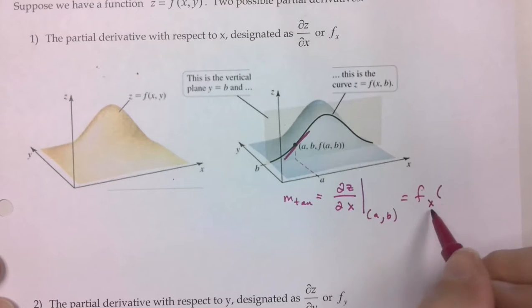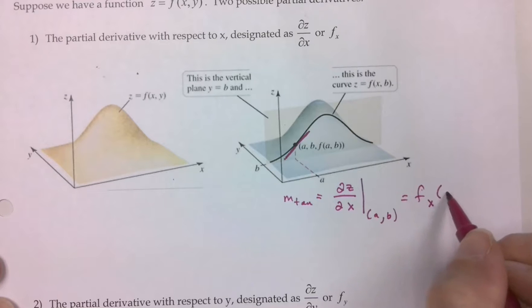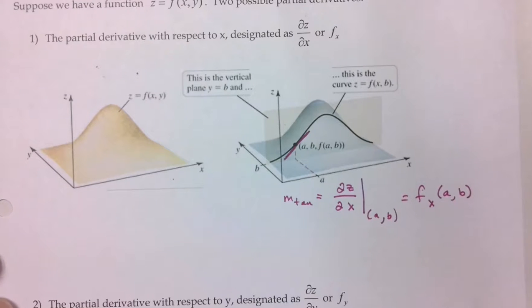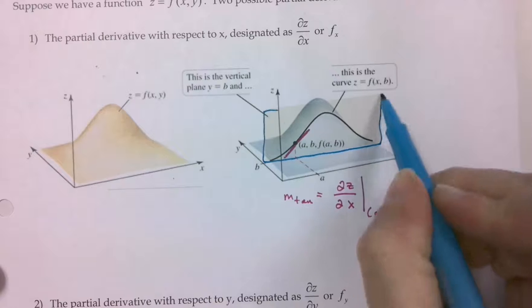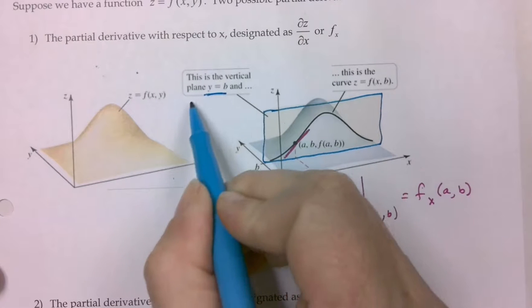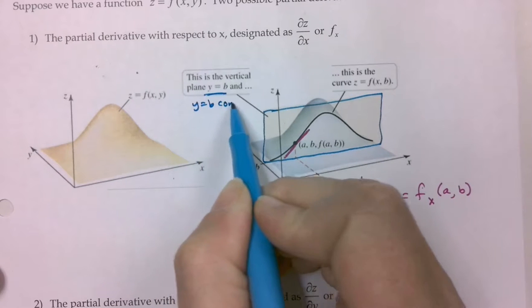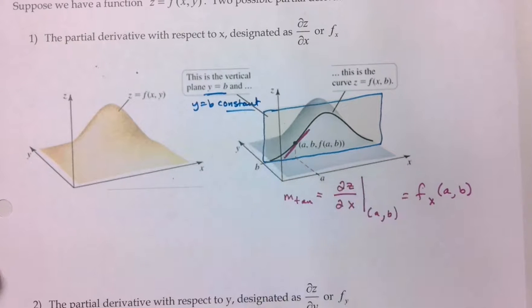So you're taking the partial derivative of the function f with respect to x at the point A, B. That would be your slope. And you're setting y constant. That's what this plane stands for. So this plane means you're going to set y equal to b, which is a constant.